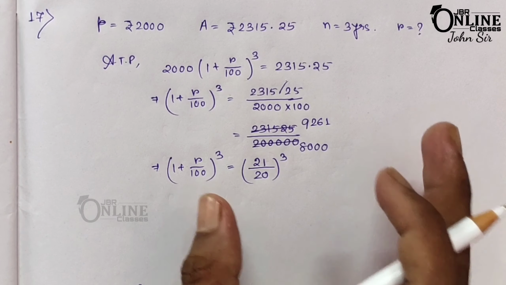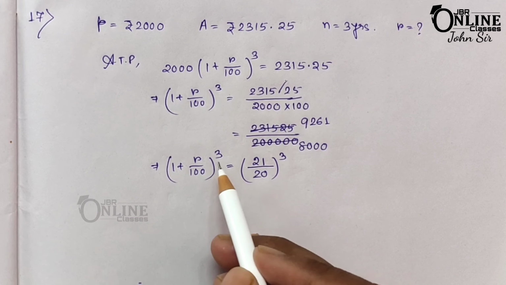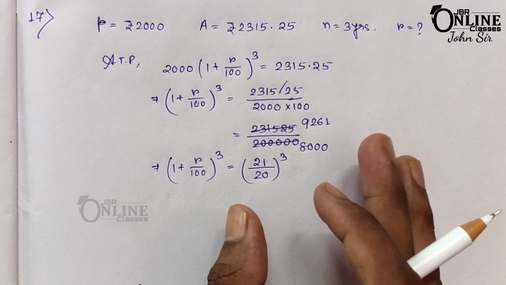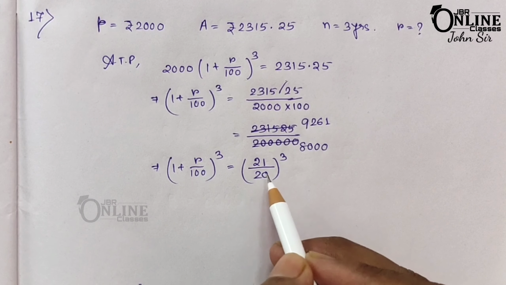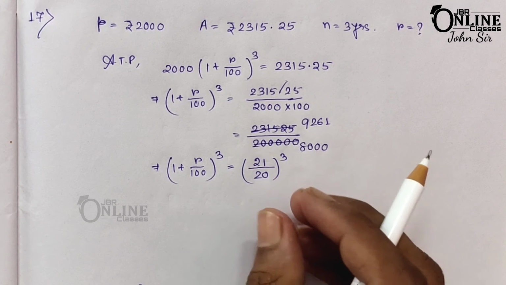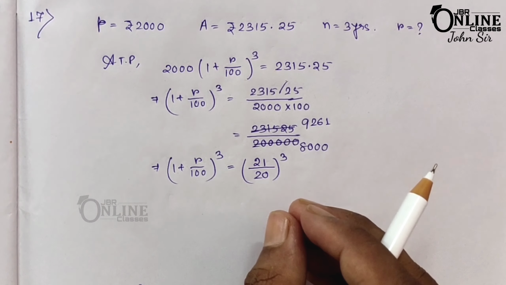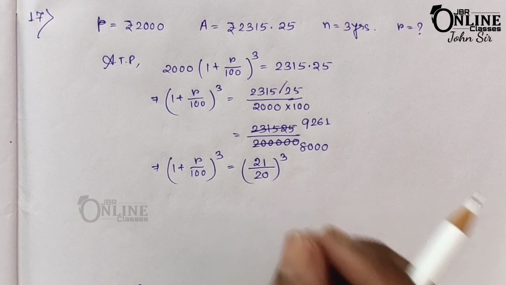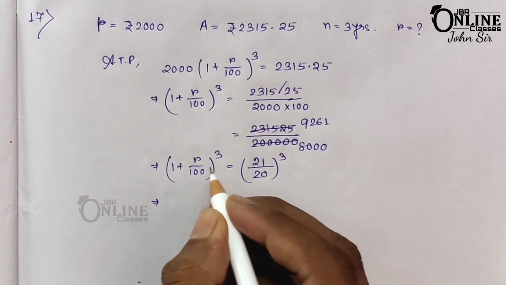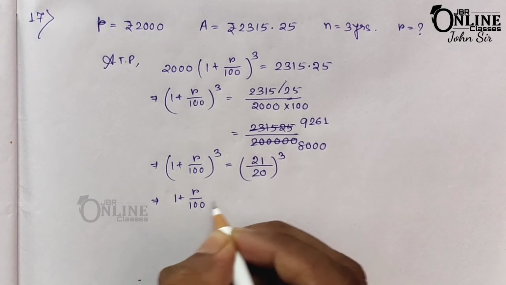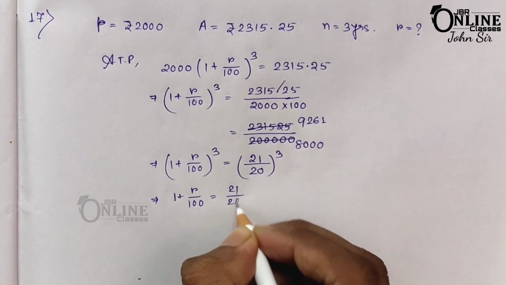Now remember my words, if the left hand side you have a cube, then the right hand side you have to also make a cube. And if the lower one is 20, then the upper one will be the closest number to 20. Max to max, this is the problem you have to face. Then by cube root of both sides, you will get 1 plus r by 100 equals 21 by 20.